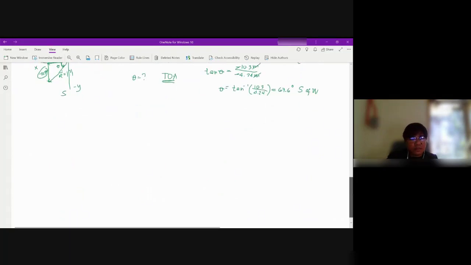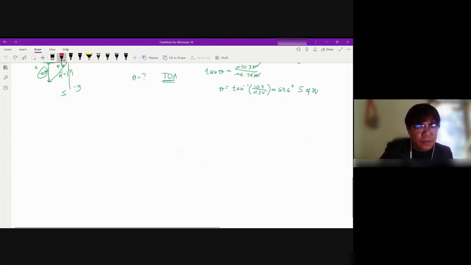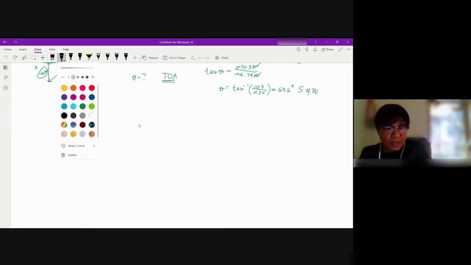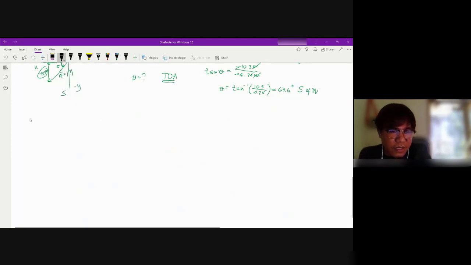Ayun. So, again, kung wala may pangutana class, natay proceed ta sa vector sa multiplication. So, saan na to pag multiply of vectors.